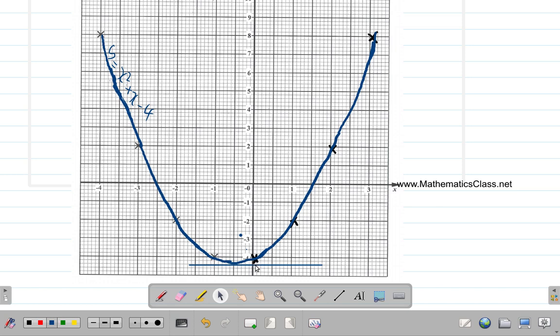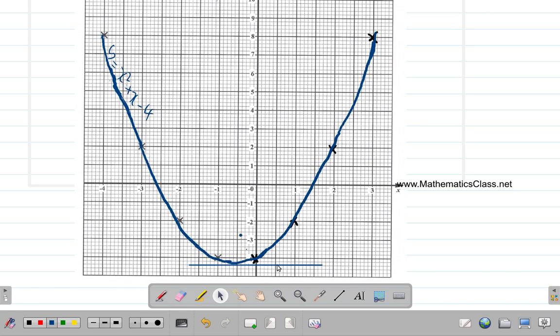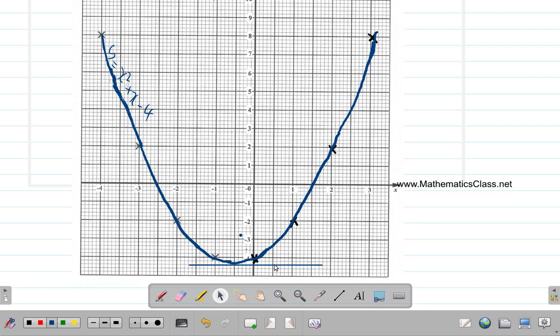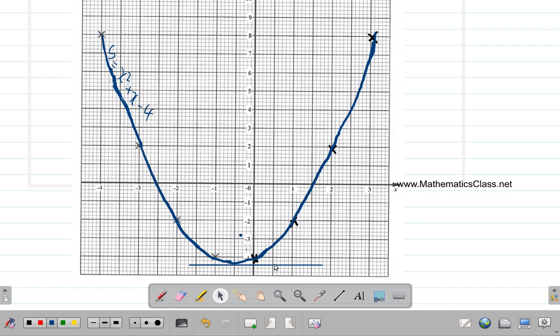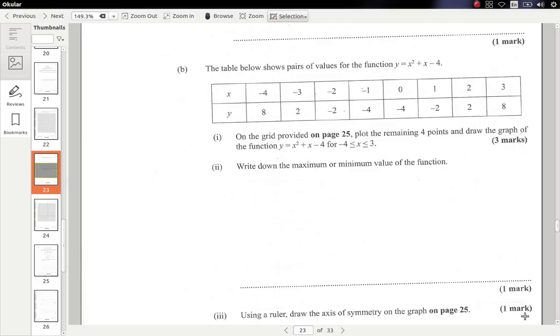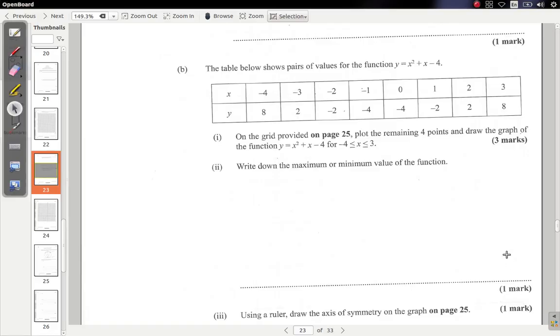So it looks like negative 4.4. About that. So we just write that down, negative 4.4. Although you can still calculate it to get it accurate, what you must write down is what you see on the graph, because you use the graph.